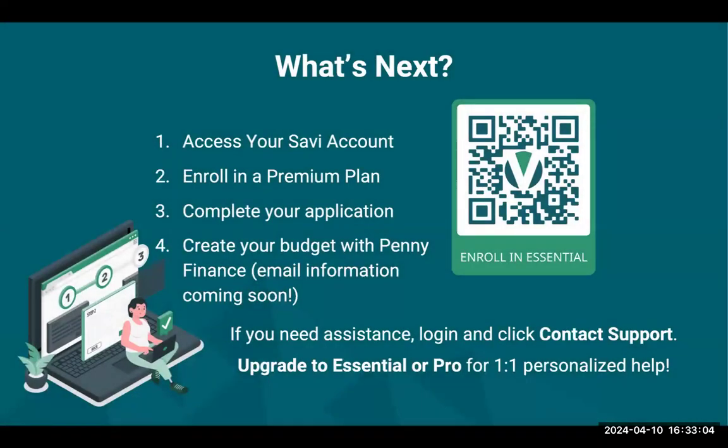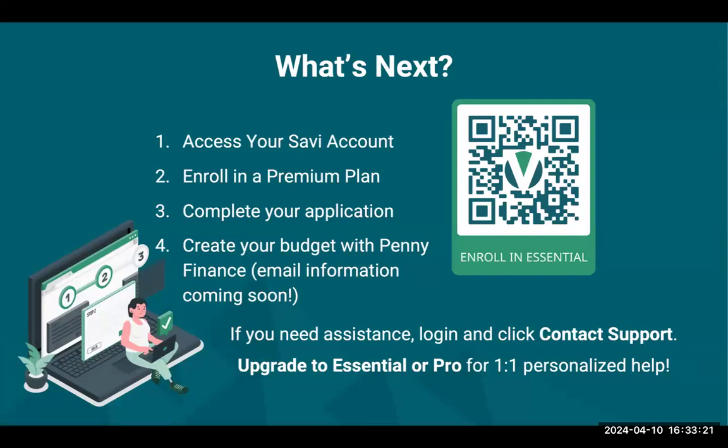So to wrap things up, let's briefly look at some next steps from today's workshop. First and foremost is accessing your Savi account, right? That's where this is all going to start, where you'll be able to enter that information and see your best options.